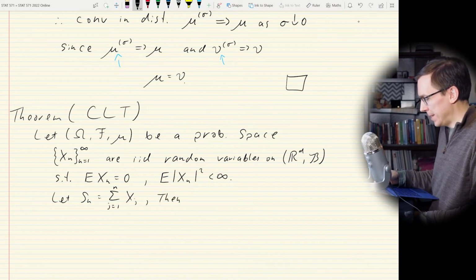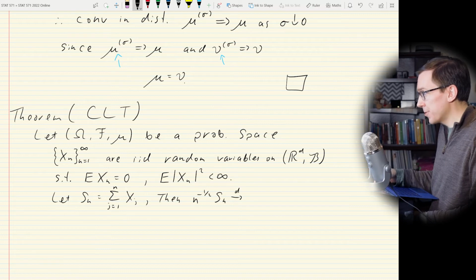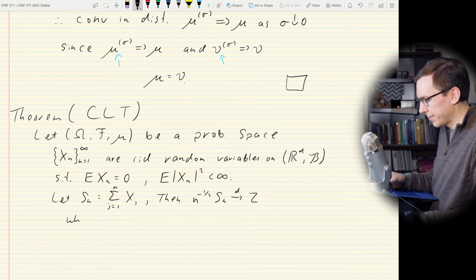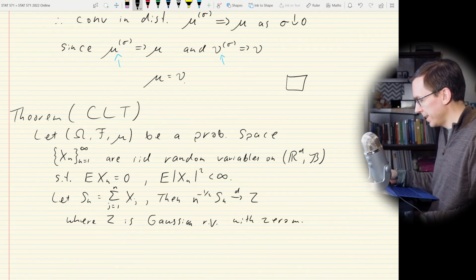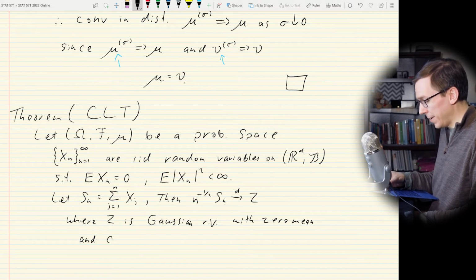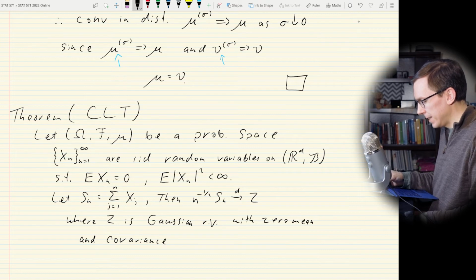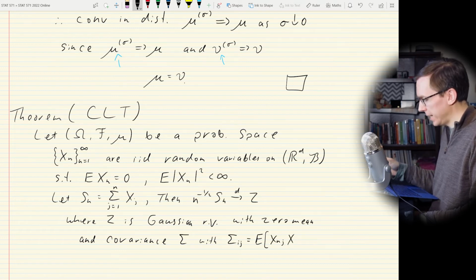Then the claim is that n^(-1/2) S_n is going to converge in distribution to Z, where Z is a Gaussian random variable with 0 mean and covariance matrix sigma, right, with ij-th entry sigma_ij equal to the expected value of X_1j X_1k.